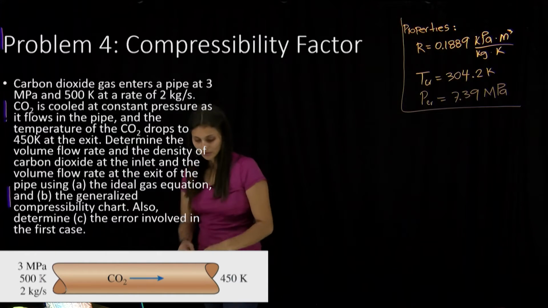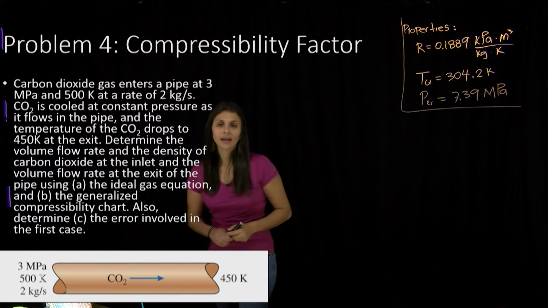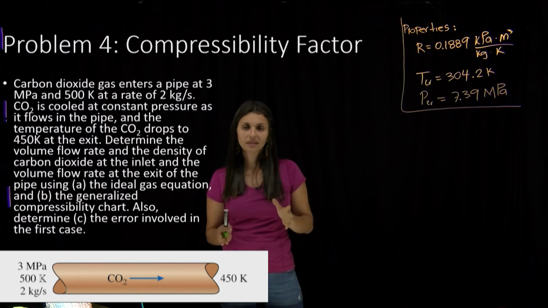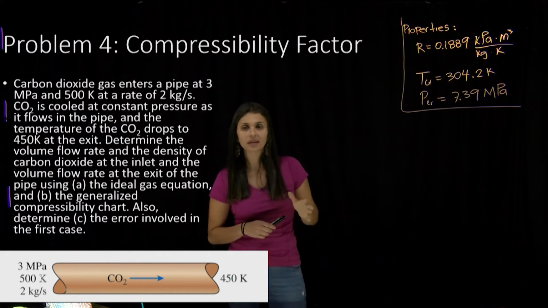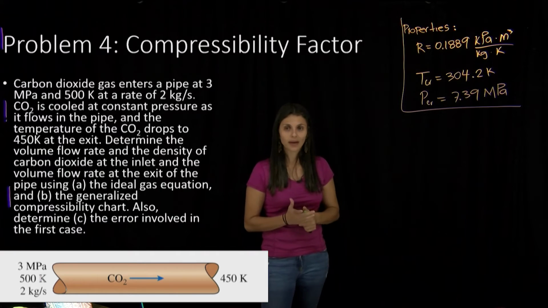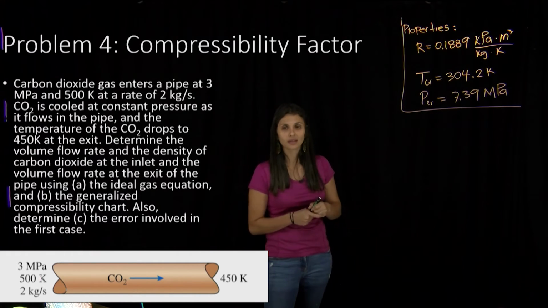Okay, part A asks to determine the volume flow rate and density of the carbon dioxide at the inlet, and the volume flow rate at the exit of the pipe using the ideal gas equation.